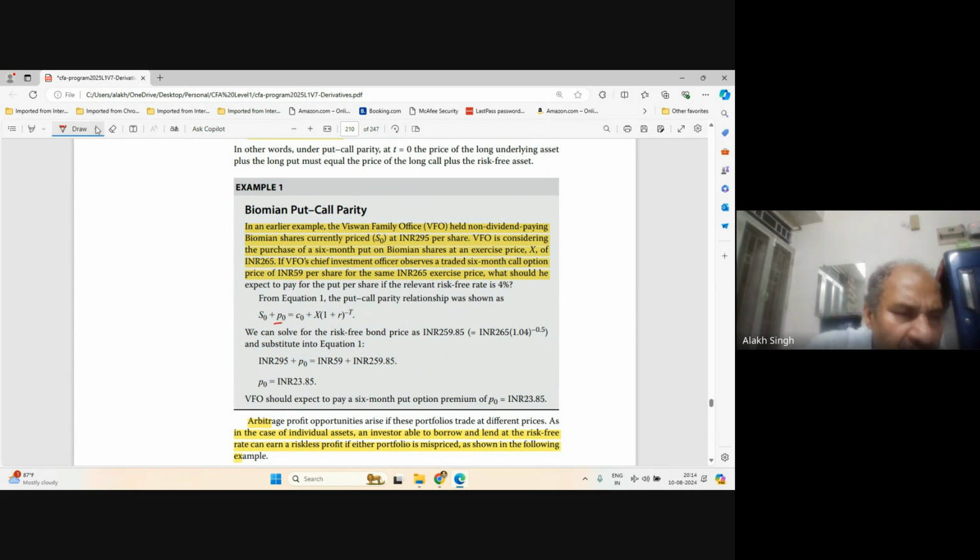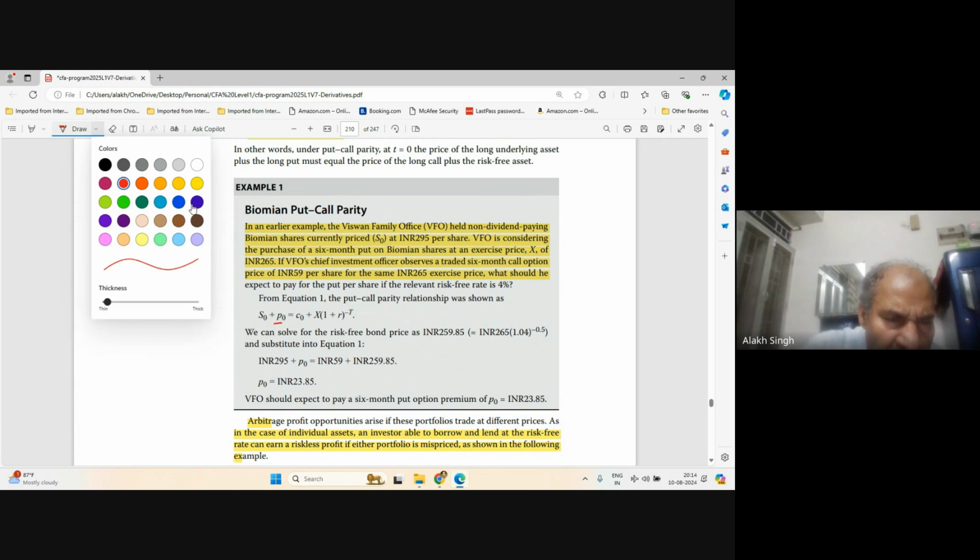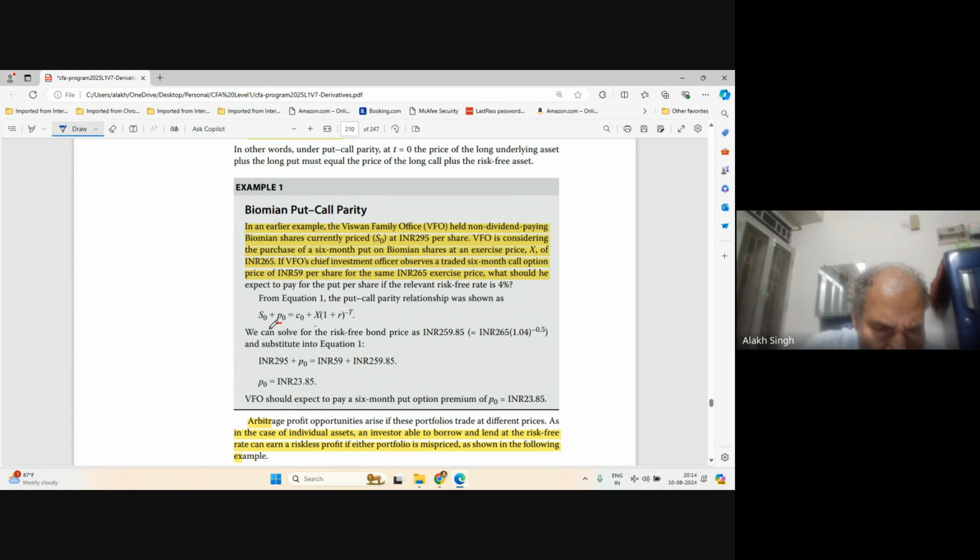Sorry, let me put it in blue. So we have to find P0. Now, S0 is given. Do we know S0? It is 295 per share. So we will simply put 295 plus P0 is equal to C0.